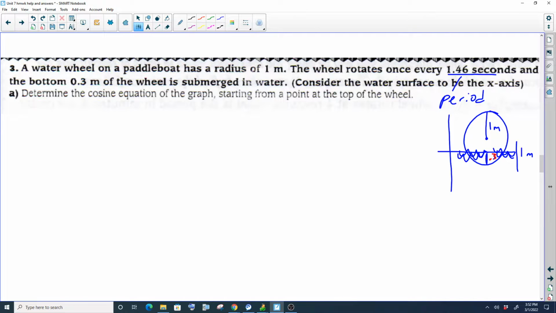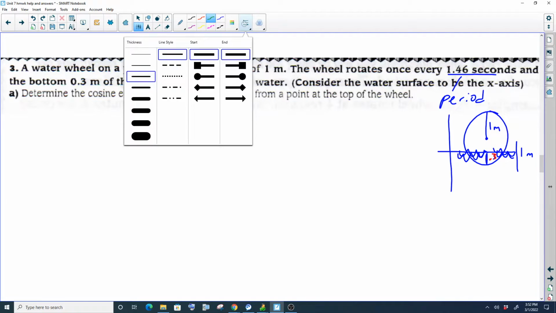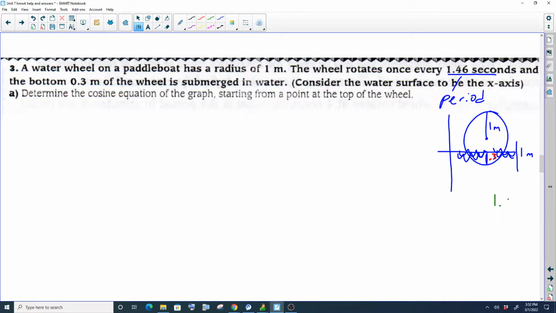Well, what's the other part of it? That's not in water, but still below the center of the circle. If we take 1.0 and subtract 0.3, that gives us 0.7, which is the distance we need right there. So 0.7 is that distance. That's important, or else you can't really do this problem.